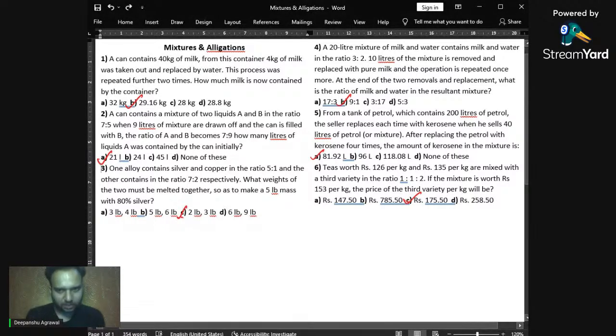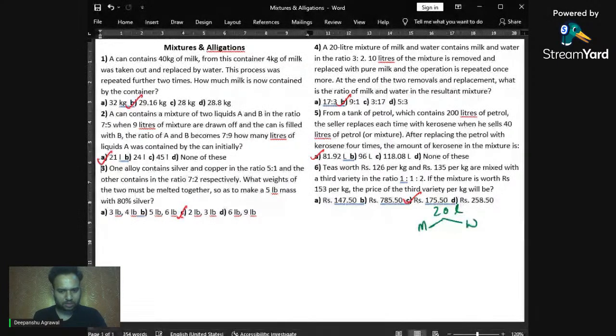Right. Question number 4. In question number 4, we have a 20-liter mixture of milk and water containing milk and water in the ratio 3:2.